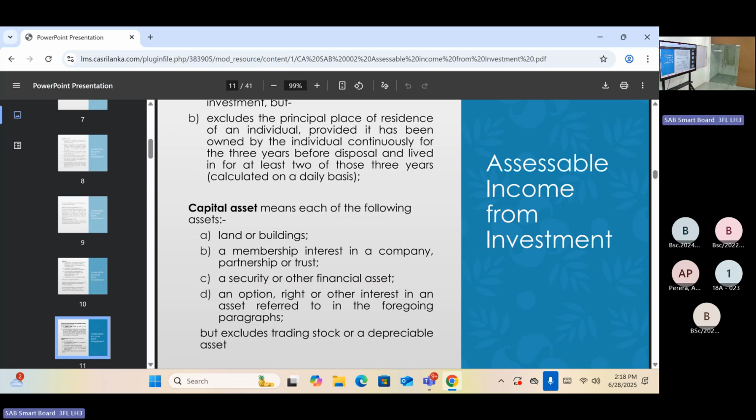What is the meaning of membership interest of a company?